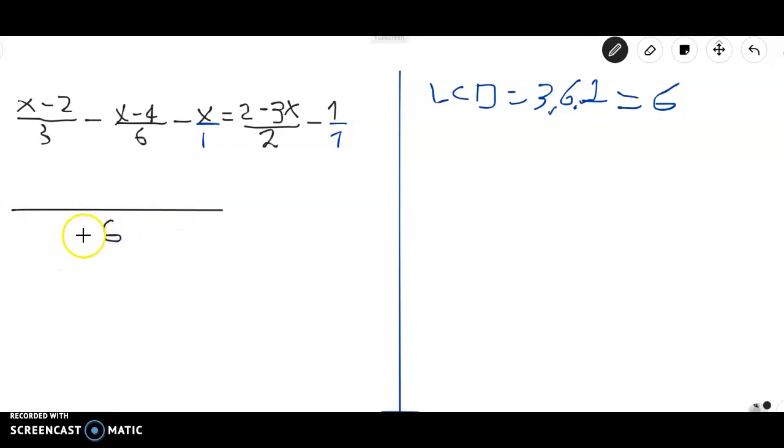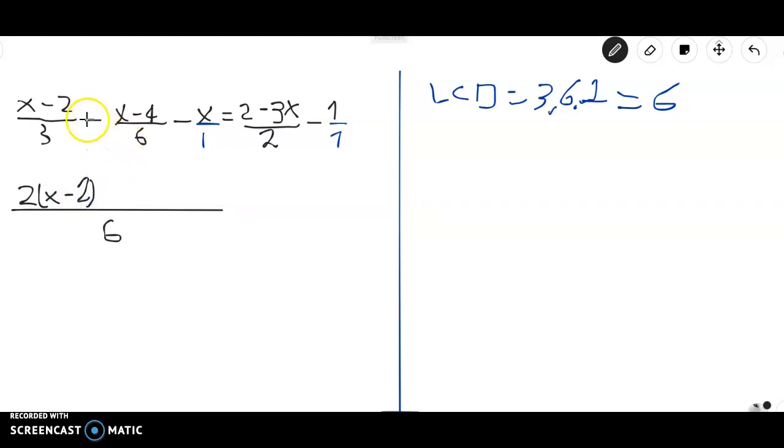And we start dividing. So 6 divided by 3, that makes 2. So we write 2 here, multiplied by this numerator, x minus 2.